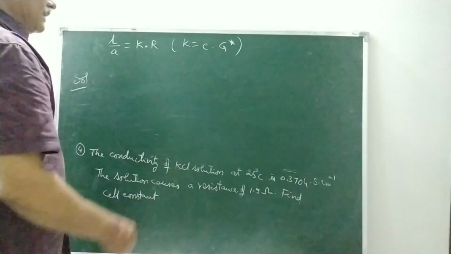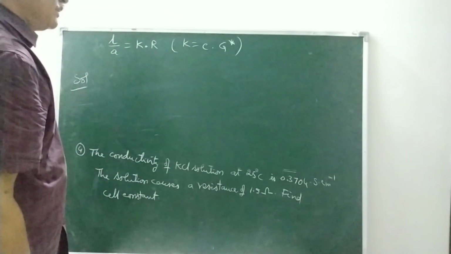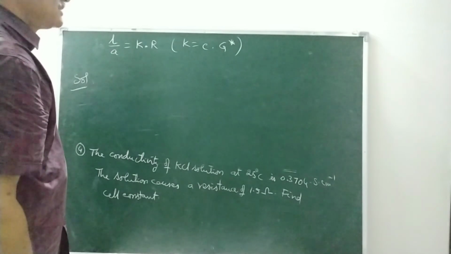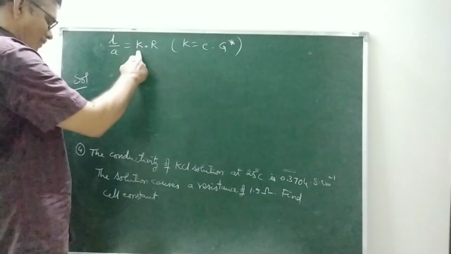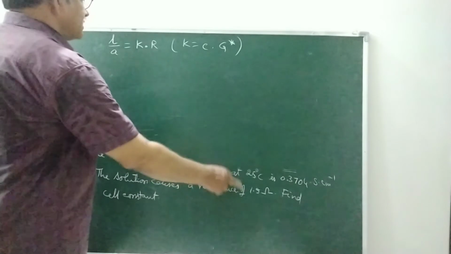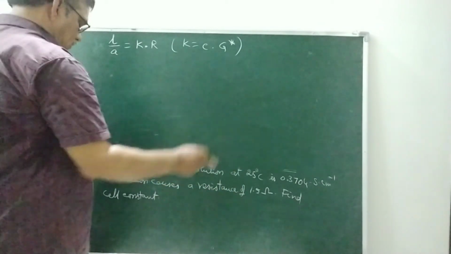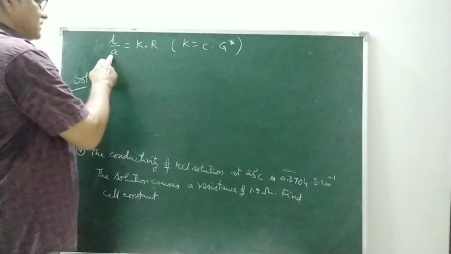The conductivity of KCl solution at 25 degrees Celsius is 0.3704, so K is given. The solution causes a resistance of 1.5 ohms. So we have to find the cell constant.